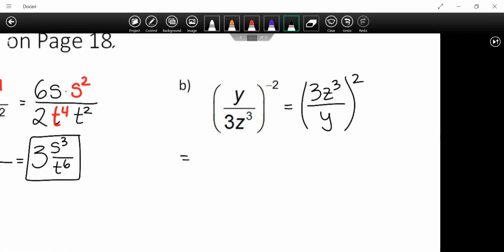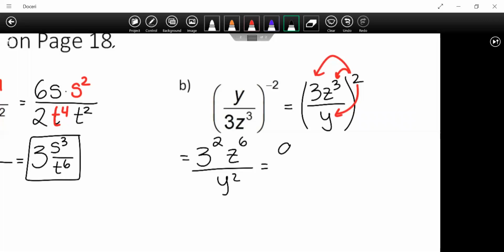Distribute now, right? So we're going to get 3 squared times z to the 6, y squared. So we're going to just take that exponent, and we did distribute to each one of those. Simplifying this one down, 3 squared is going to be 9. Z to the 6, y squared. Can't be reduced down, not the same base. That's an answer.